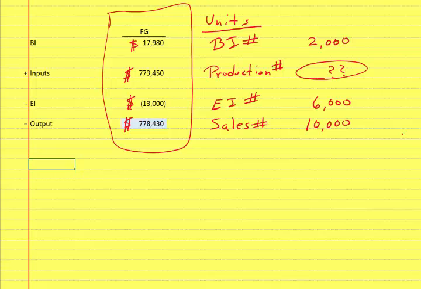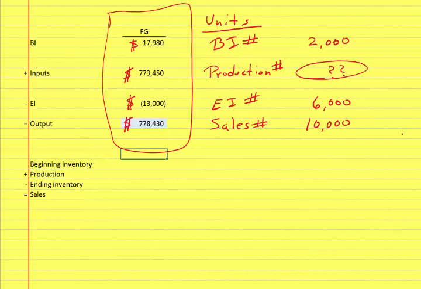Now let's take a look together. There's my beginning inventory for finished goods in terms of units, plus production, number of units produced, minus ending inventory is equal to sales, or number of units sold.